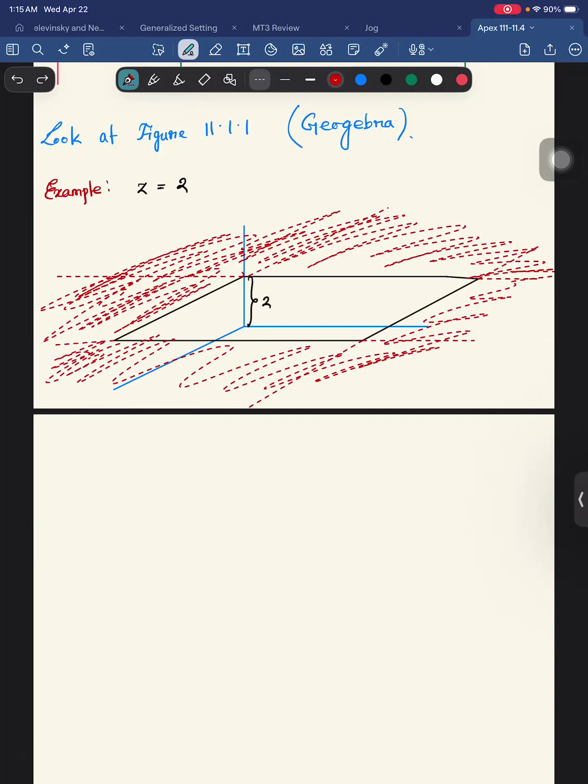And so on. Okay. So think of the xy plane, but elevated at the height of 2.